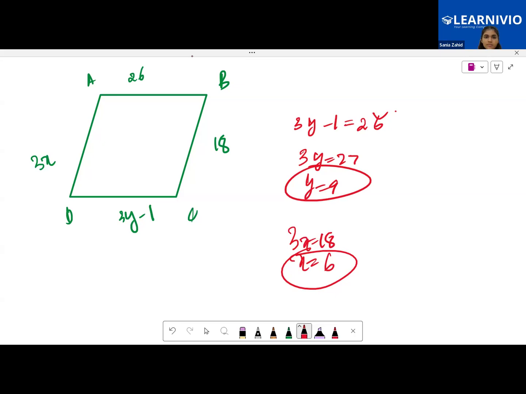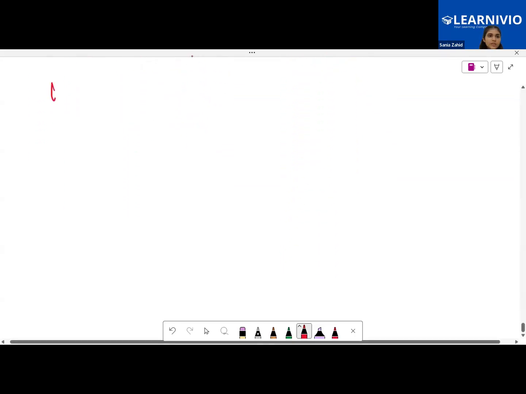Okay. Now we move ahead to another question. You have a parallelogram.